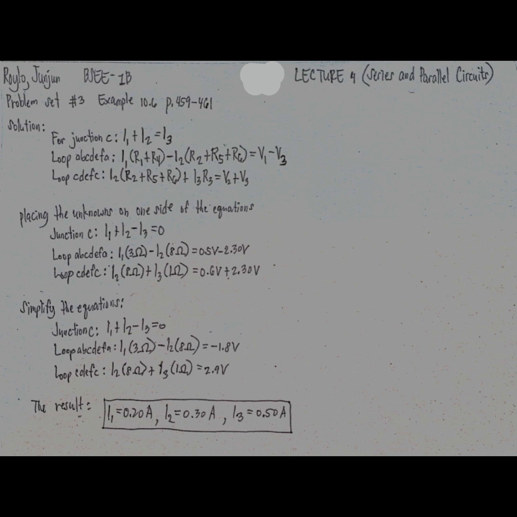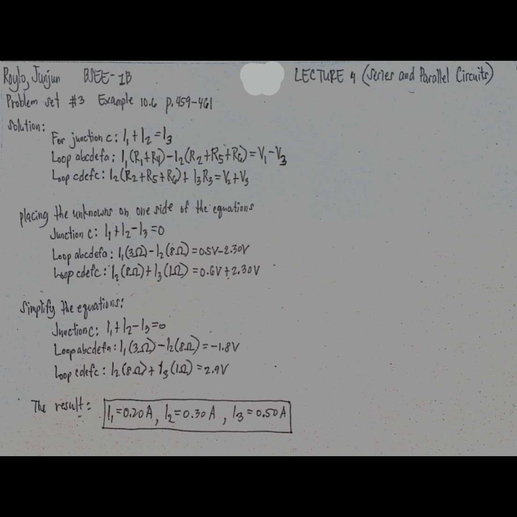For the loop CDEFC: current 2 times R2 plus R5 plus R6 plus current 3 times R3 is equal to V2 plus V3. And then simplify the equations by placing the unknowns on one side of the equations.